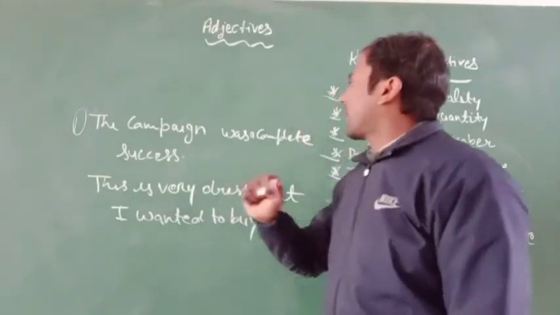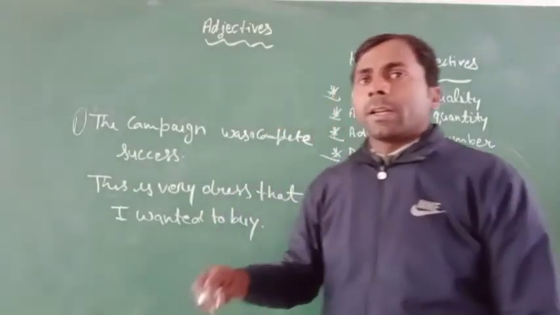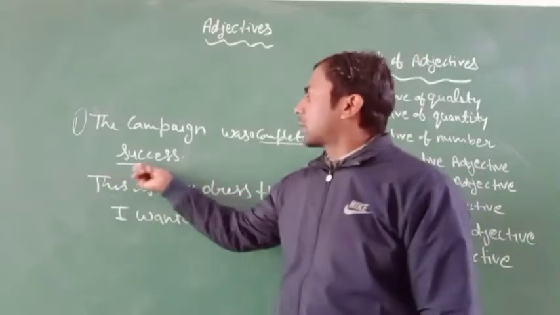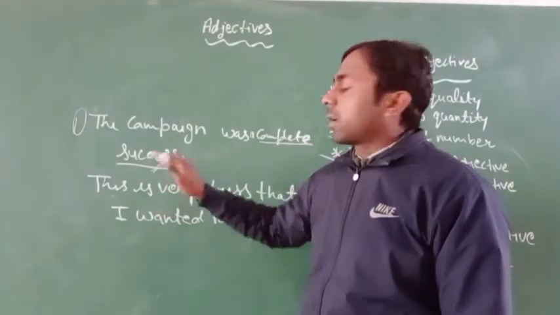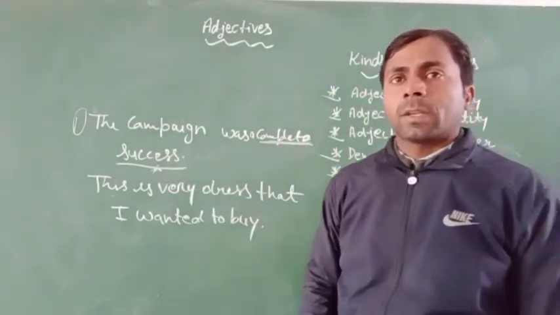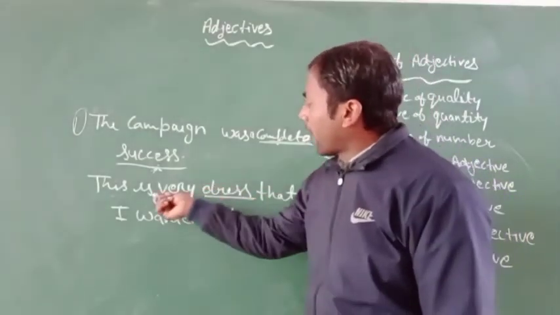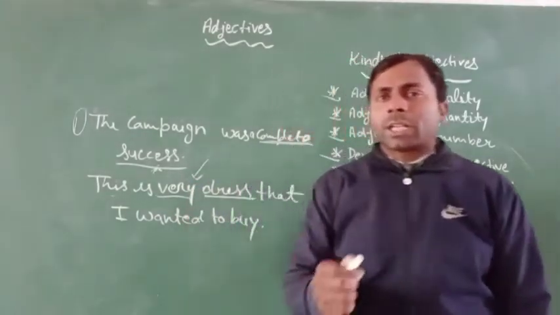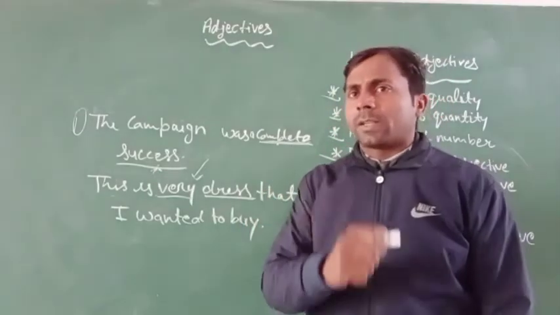In both sentences, in the first sentence, complete success is a noun. What kind of noun? It is an abstract noun, and here we use complete. In the second sentence, dress is a noun and here the word very is used. This is the adjective that we use to emphasize what we want.